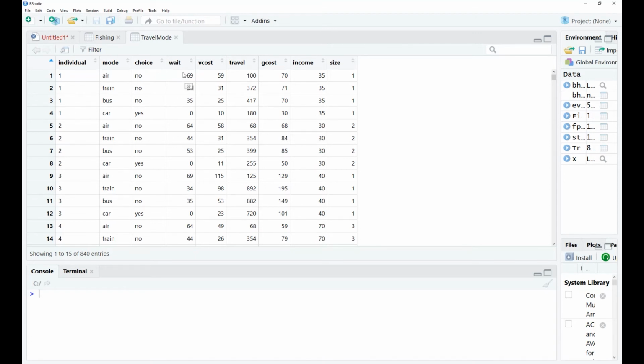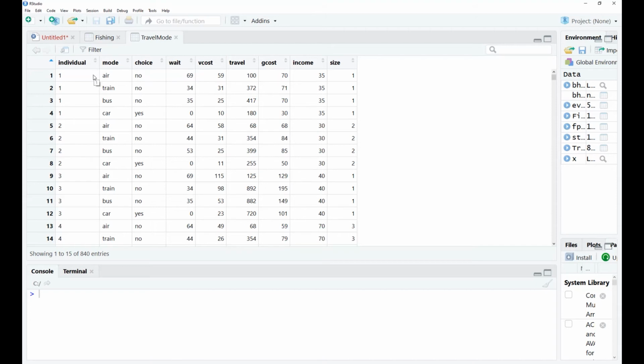And now note that we have here the variables wait time, cost, travel, and another variable. Those are alternative specific, whereas income and size are individual specific. You see this because they do not change across the alternatives, right?